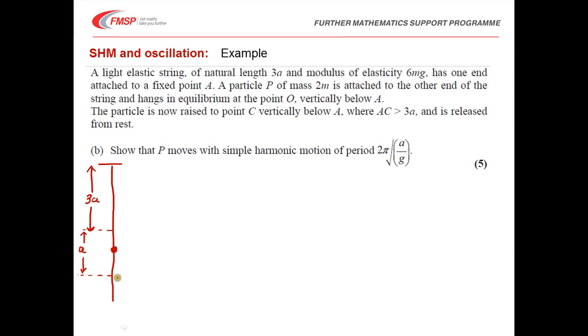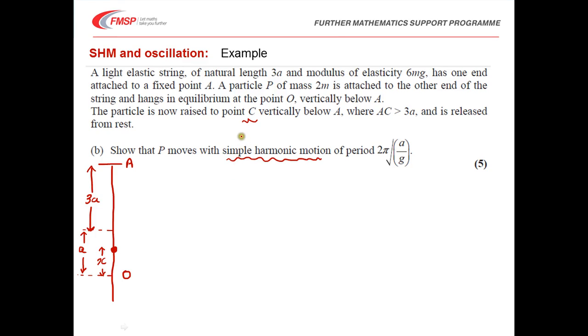This is very important here. So this is the level of O here, this is A. It says the particle is raised to a point C vertically above A, but I'm not going to consider point C just for the time being. I'm going to consider how the particle behaves when it's a general distance x above O, above the equilibrium point there. The reason I want to do this is because I want to prove my simple harmonic motion. We were talking about this in session 1 of this recording.